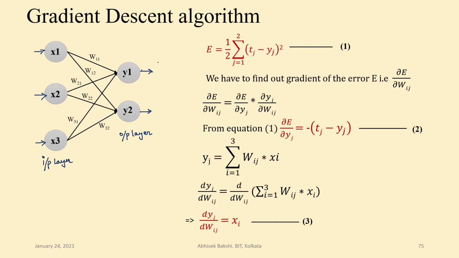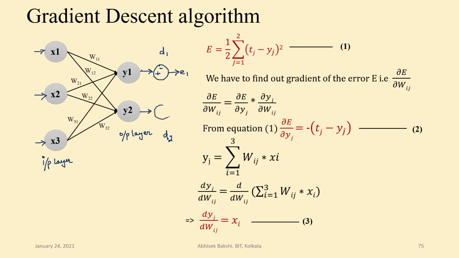These 6 synaptic weights of the neural network are the free parameters of this particular model. So one thing is sure: we have some desired output, say D1, for this particular output neuron 1, and similarly some D2 for this other output neuron. We take a subtraction between the desired and the actual, so that we can find the error.